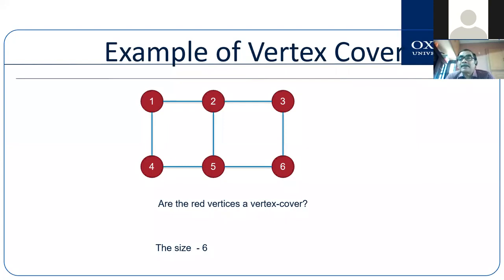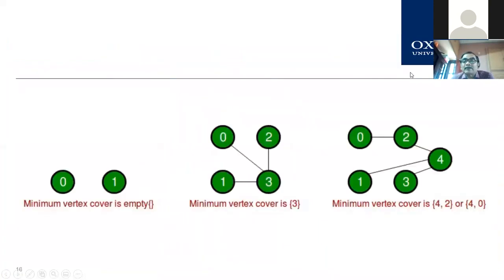Vertex cover means I have to find the minimum number of nodes that can be used as a cover. For example, if you take this particular graph, you can see very well that 3 is a better cover, because if I take 3 as a cover, it covers 1 to 3, 0 to 3 as well as 2 to 3.